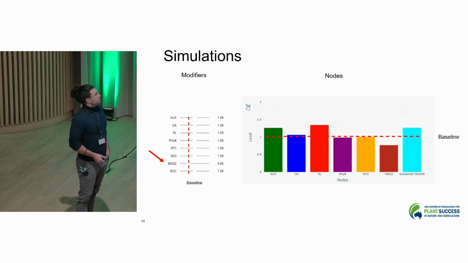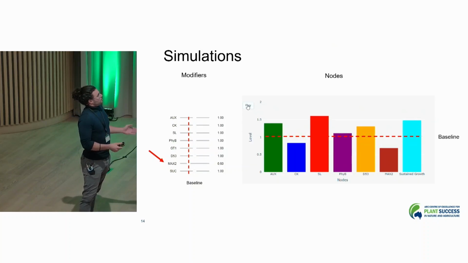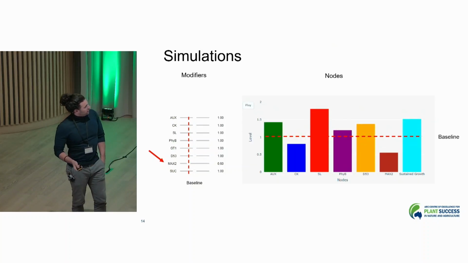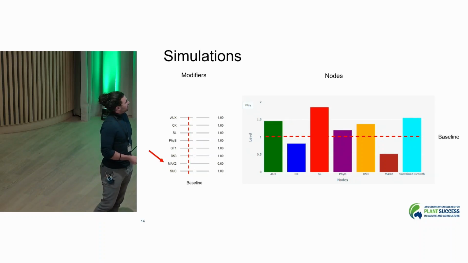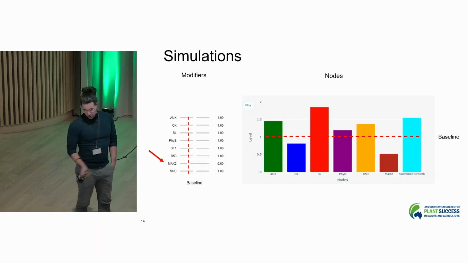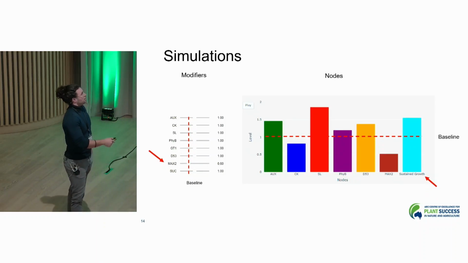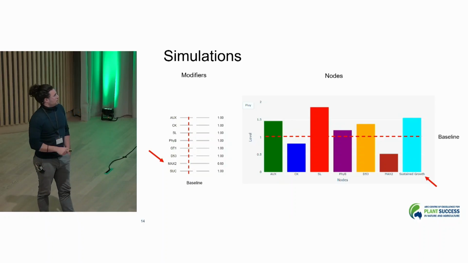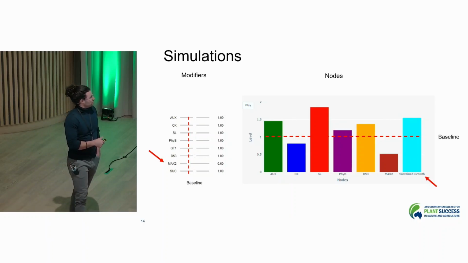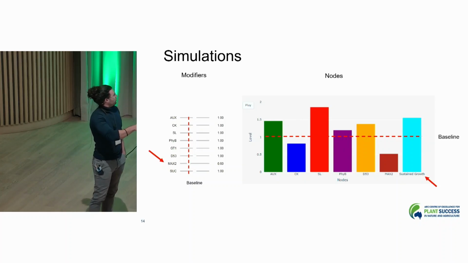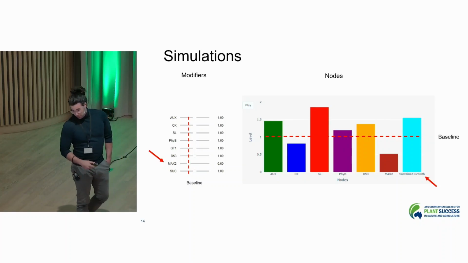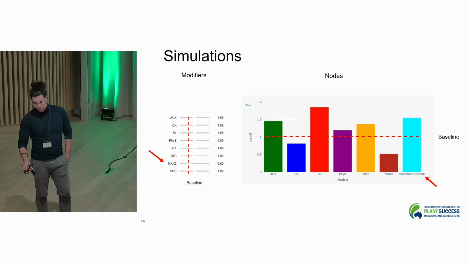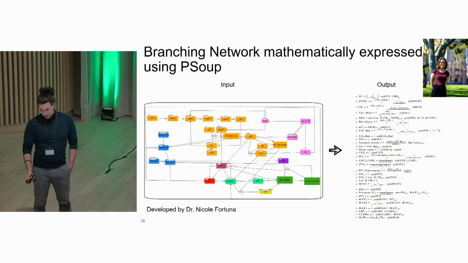We wait until the system finds the steady state again, and then we look at how this sustained growth compares with the wild type. So in that case, when the max2 is 0.6, sustained growth would be 1.5, and we always compare that to the wild type, which you can see here with a red line, which is a baseline.